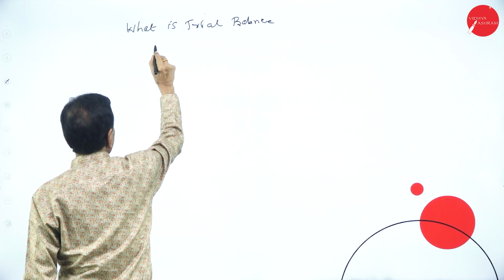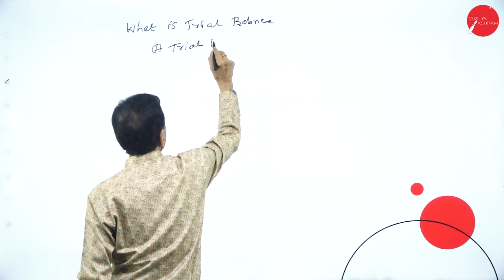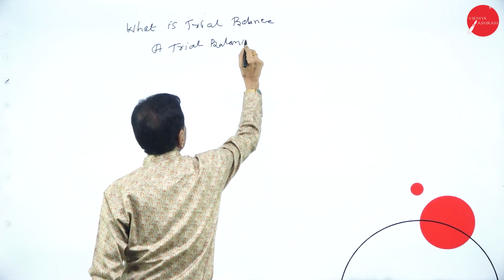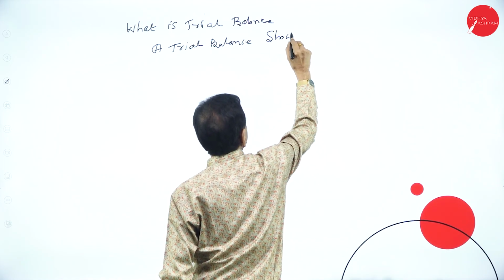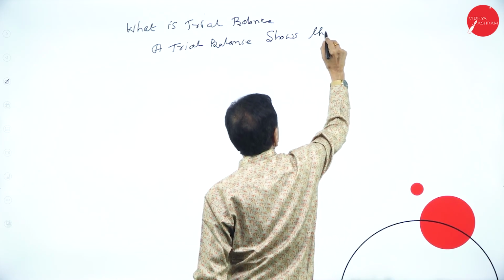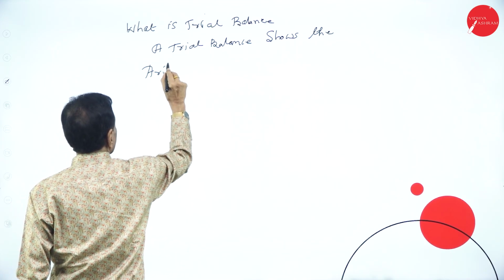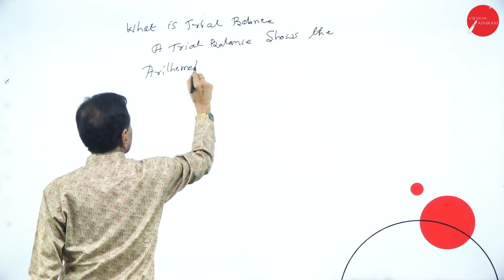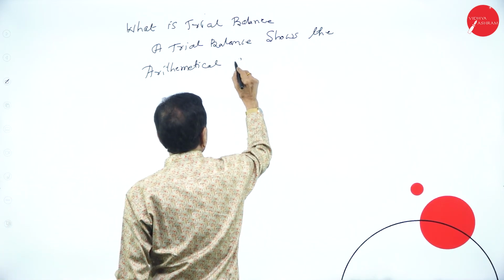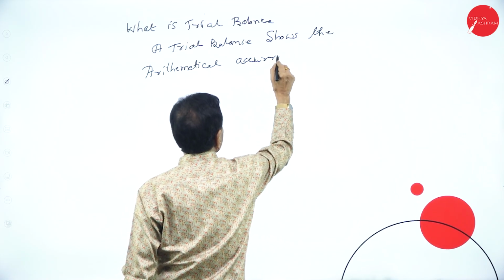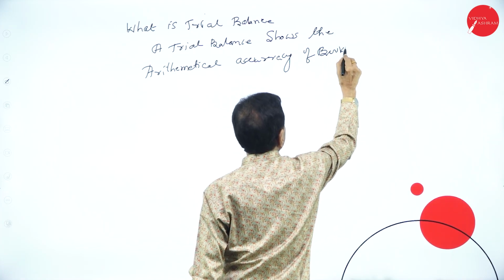A trial balance shows the arithmetical accuracy of books of accounts.